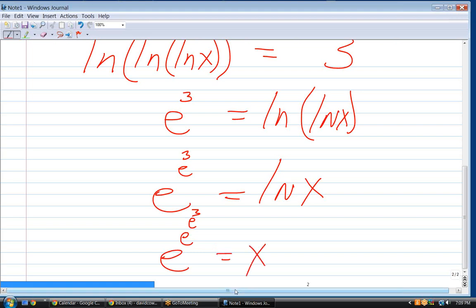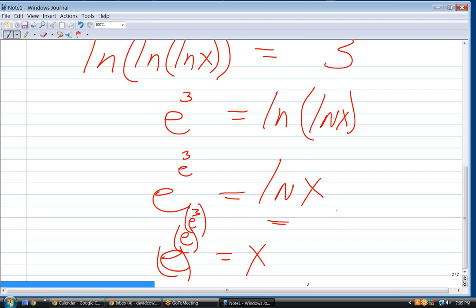Now, that must mean parentheses there, and parentheses there. In other words, the way we would get this number on a calculator would be figuring out what e to the third power is.